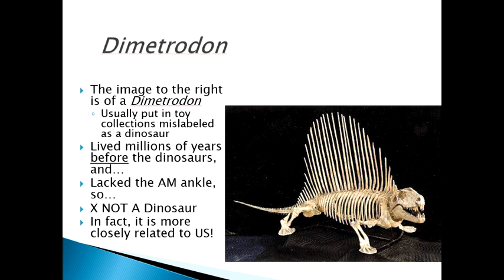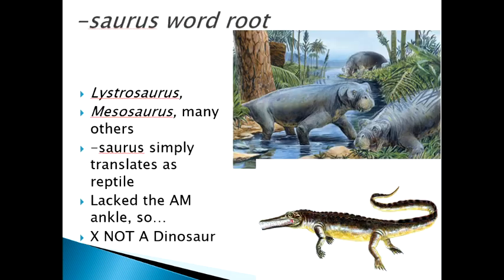And as such, it is more closely related to you and I as mammals than it is to any of the dinosaurs. But this has always been put in all the little toy collections as dinosaurs. I got these as a kid, and I recently bought sets of dinosaurs for my son, and yeah, there they are. But it's not a dinosaur.